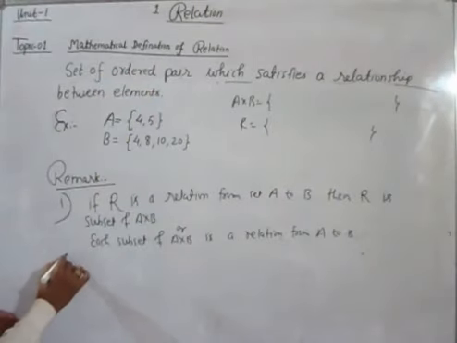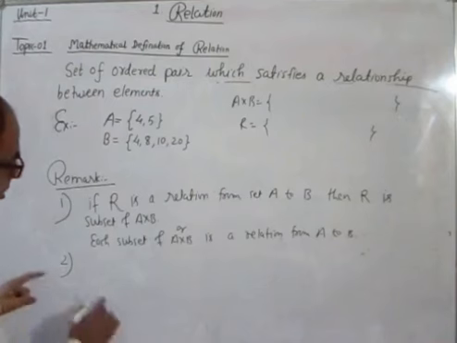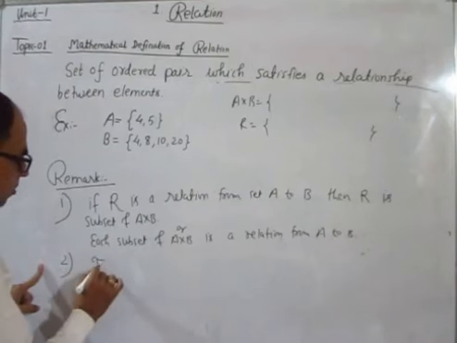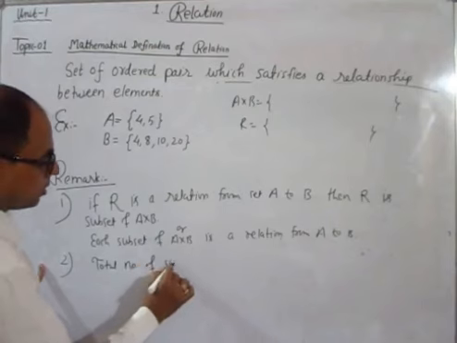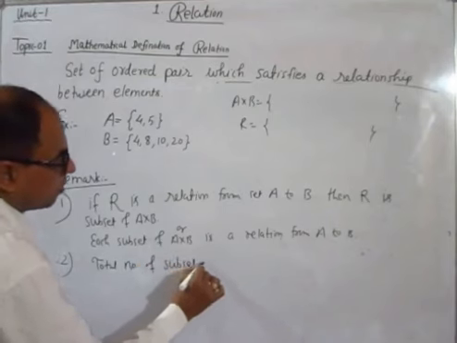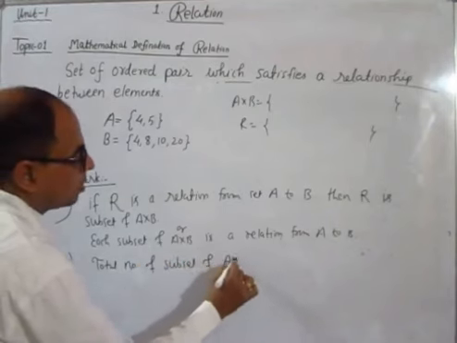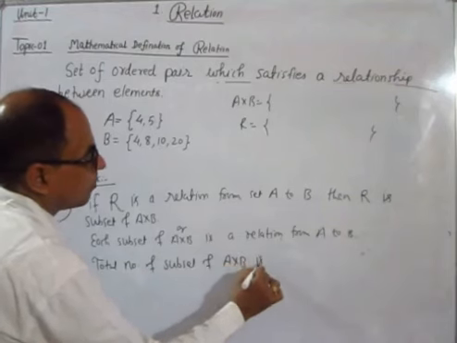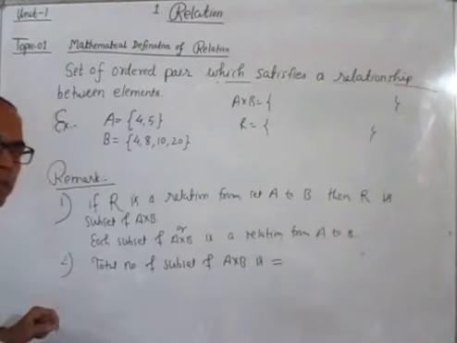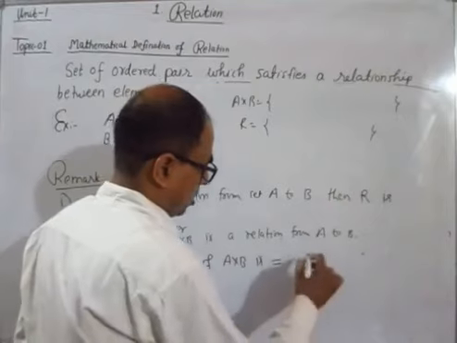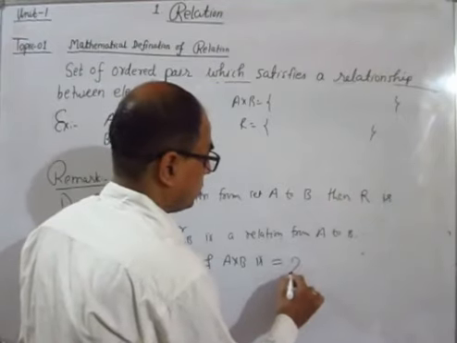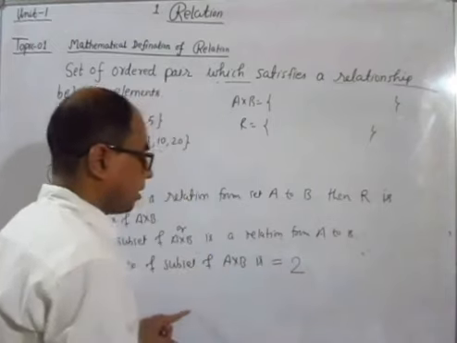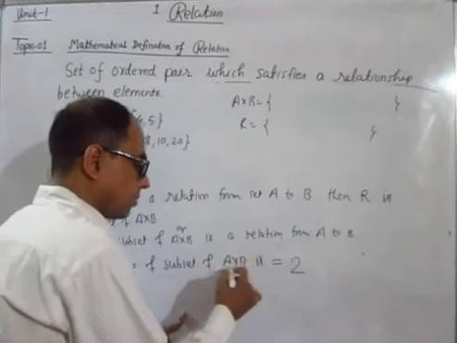Now the second point: the total number of subsets of the Cartesian product A cross B. In class 11th you have got the formula of subsets. The formula for subsets is 2 to the power number of elements in the set.